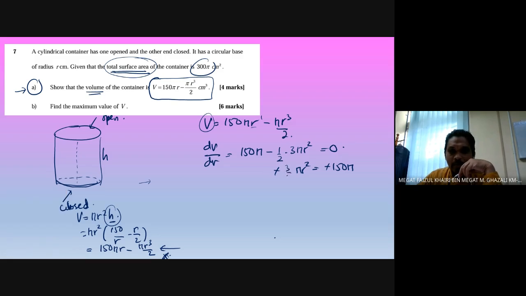Then pi divided by pi, so r squared equals 150 divided by 3 over 2, or 2 over 3, equals 150 divided by 3. Berapa ni?